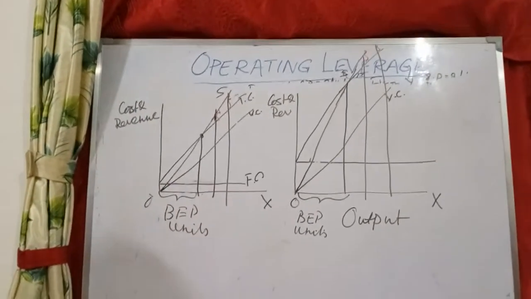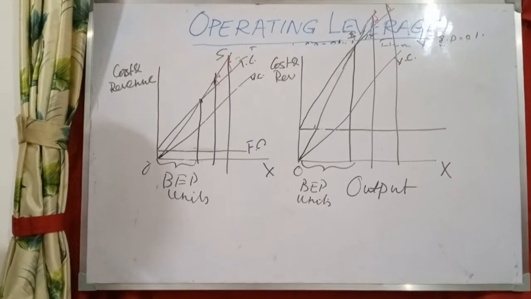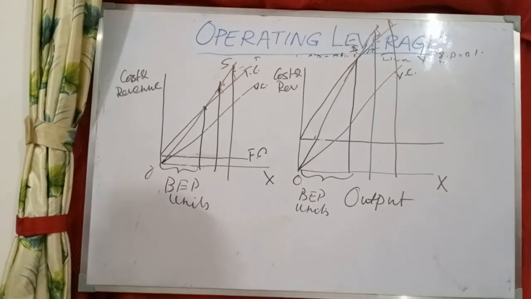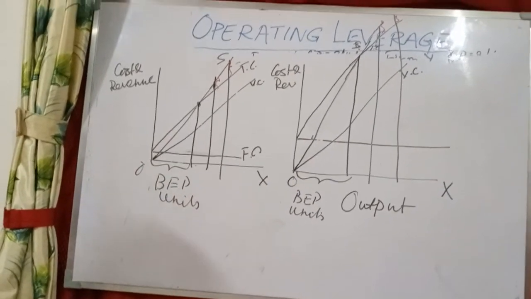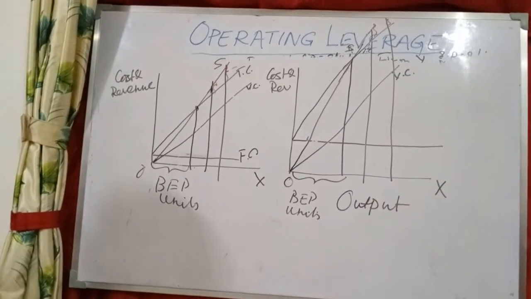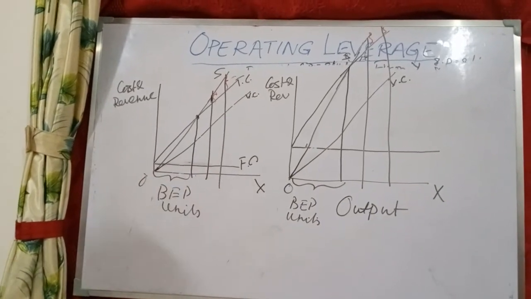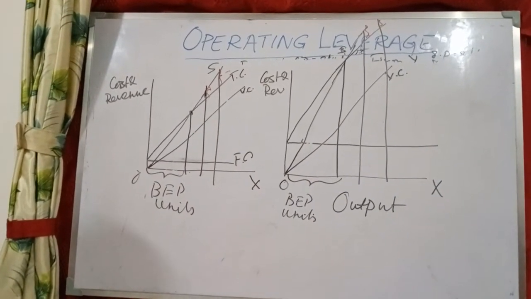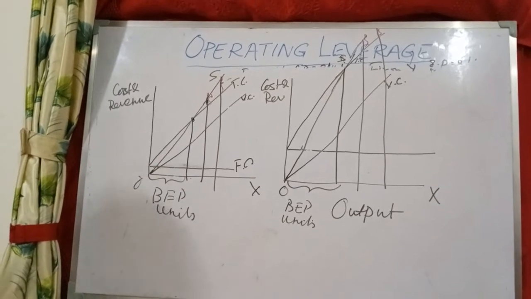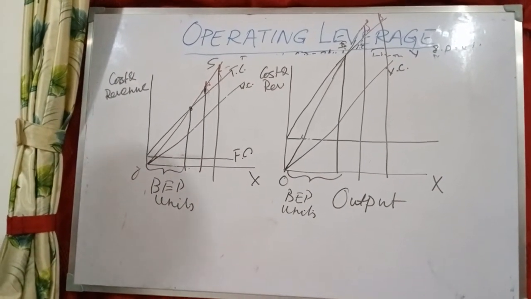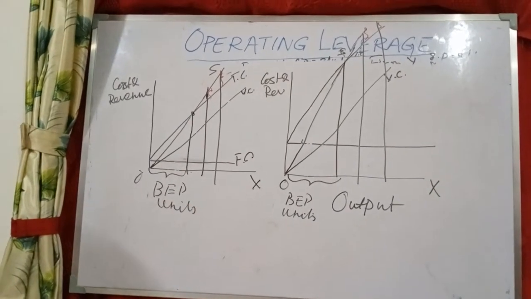That means the farm has no opportunity to increase profit in a greater proportion than increasing sales. But the farm which has fixed cost can use the fixed cost to amplify the profit. That means the farm can use the fixed cost to increase the profit in a greater proportion than increase in sales.